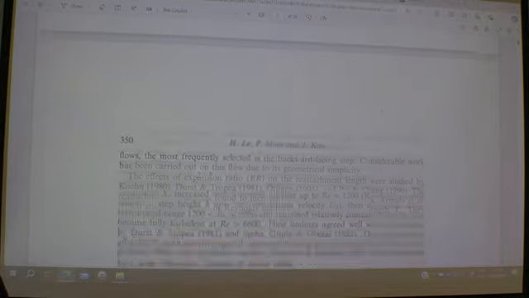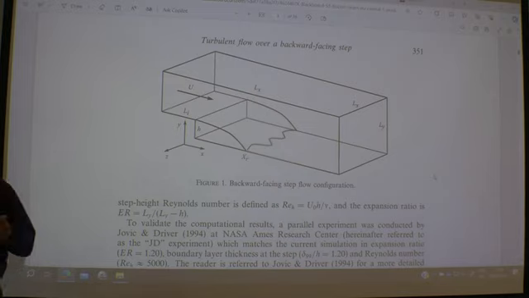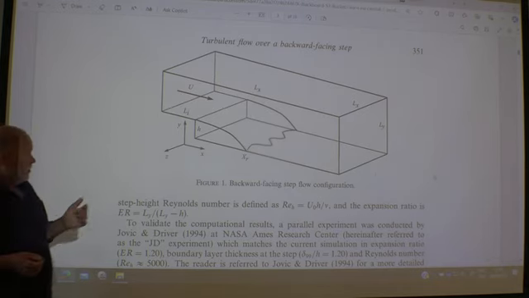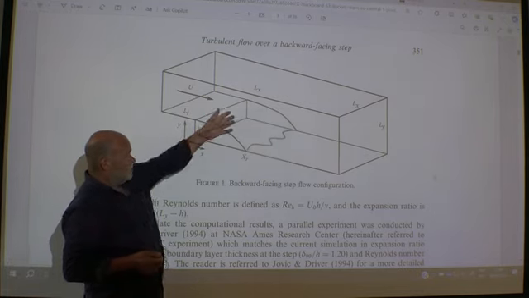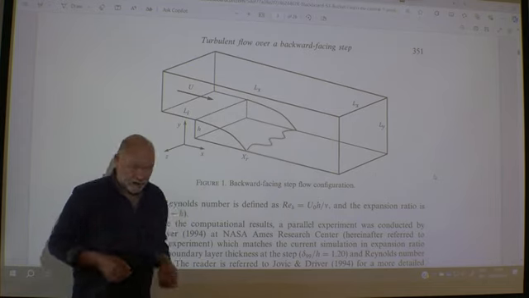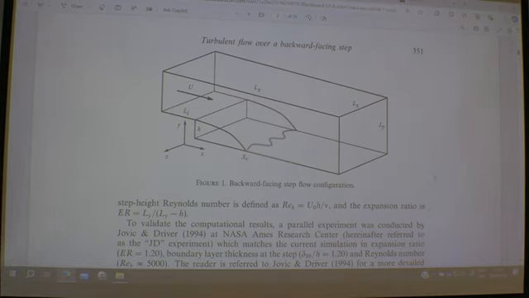You can have a look at it, how they have done it, but it's quite heavy. And as I said, when you do a DNS, you have to do it in 3D, although the problem actually is only two-dimensional. So, in the Z direction here, nothing happens, does it? Well, in a DNS it does, but not for a Reynolds stress model. So, yes, we are going to do this in 2D, not in full 3D.